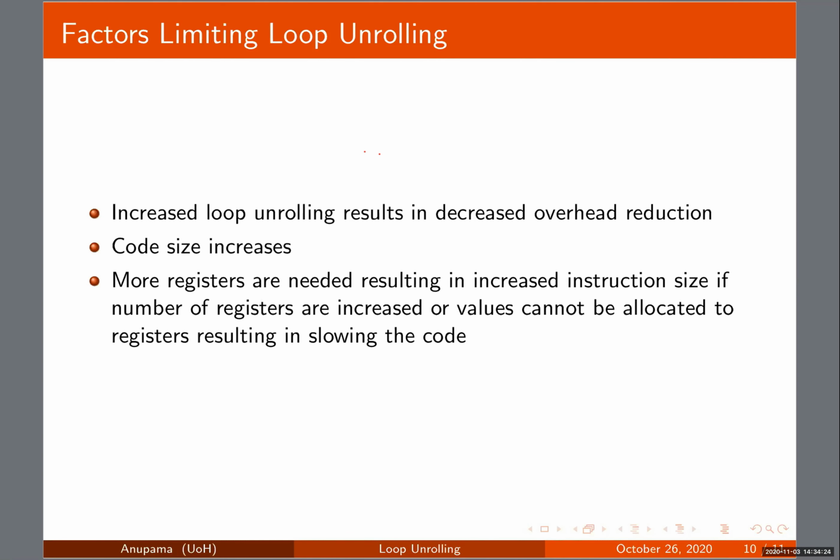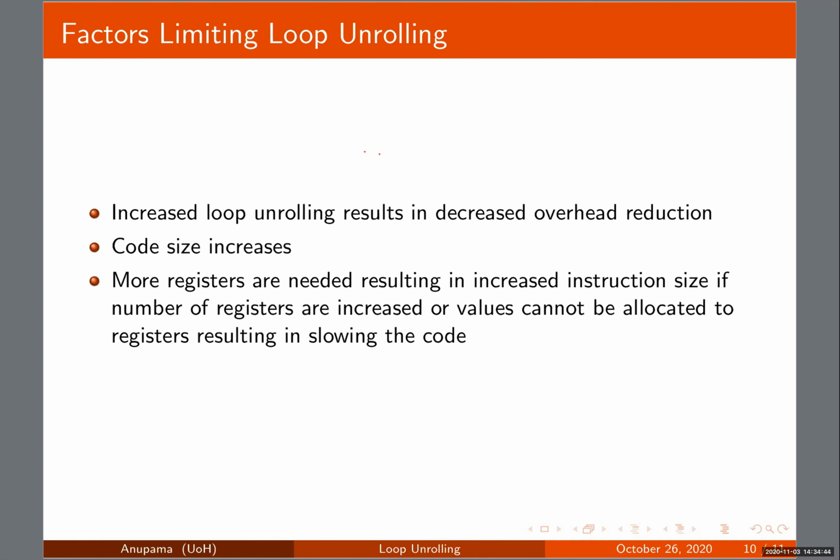And even with a reasonably good number of registers, if you do too much loop unrolling, all registers may be used by your unrolled loop, and some of the values which need to be in the registers may be kicked out because of that.